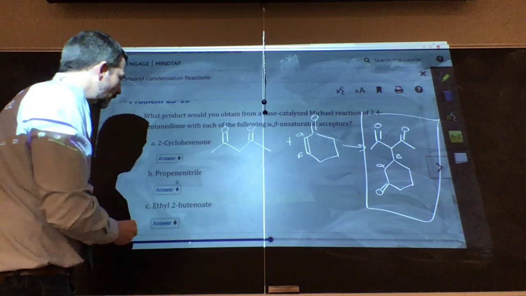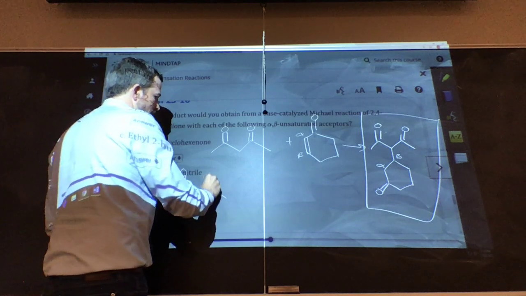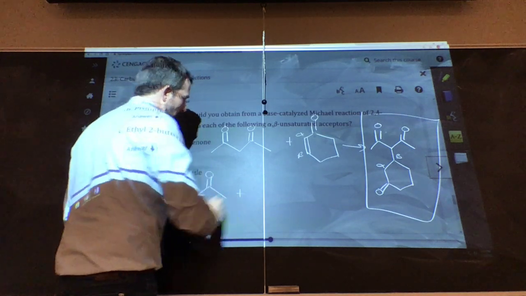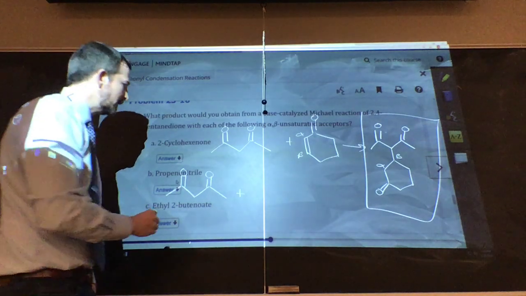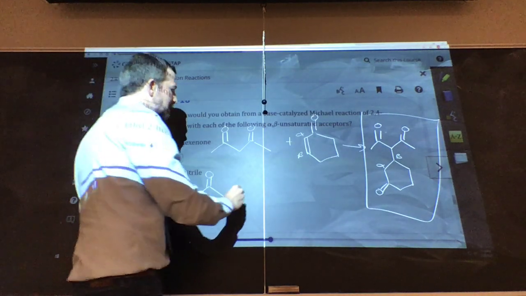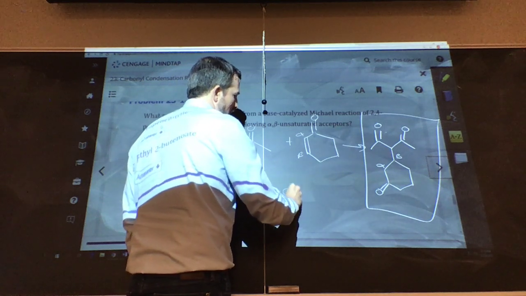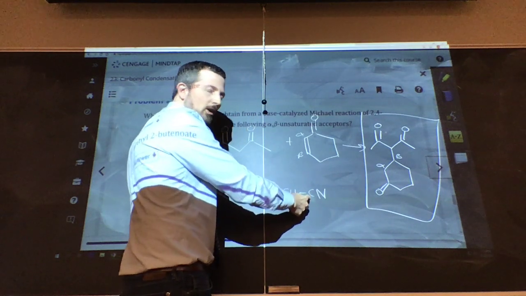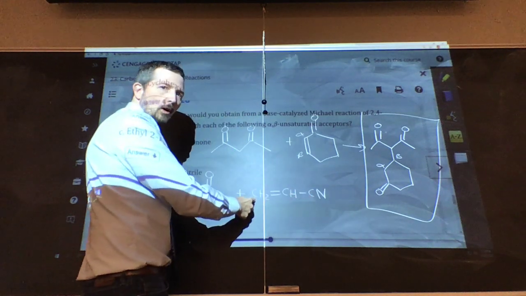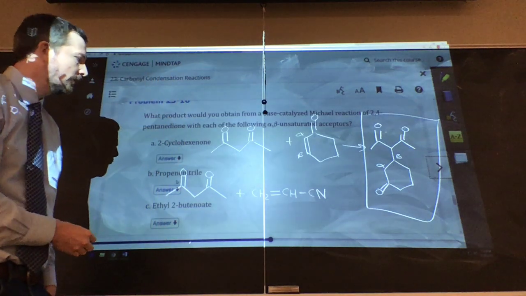How about propenenitrile? A nitrile is a C triple bond N, and propene is 3 carbons. There's only one place to be a double bond if it's propenenitrile.